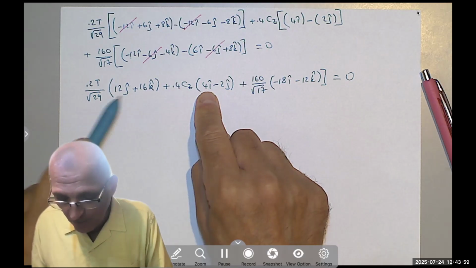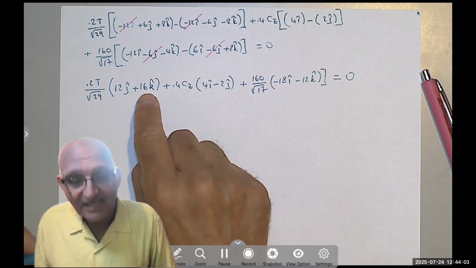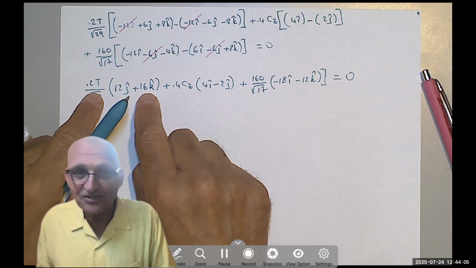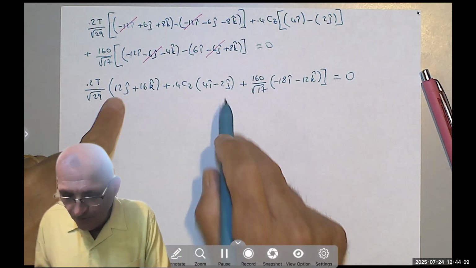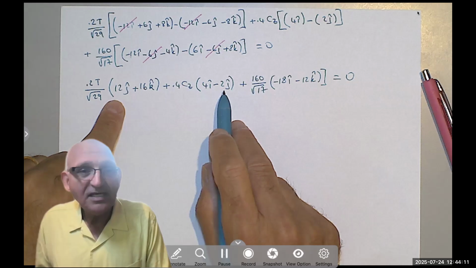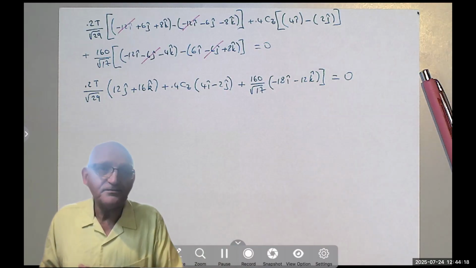And if I take the moment in the z direction, I get the tension. I don't have to solve two equations in two unknowns. The y equation is not needed, but you can use it to check your answer.